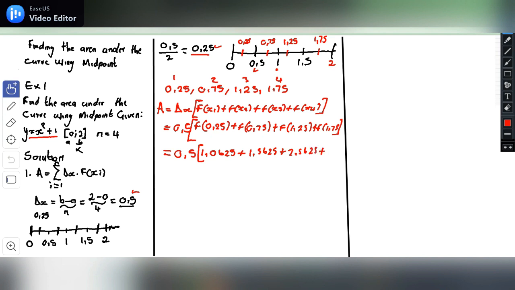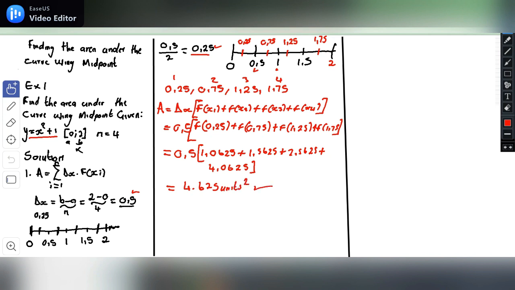The last value which we're going to get is going to be 4.0625. Right, then now we're going to add everything, then the value is going to give us 4.625. Because it's the area and we're not given the SI units, we can say units squared.